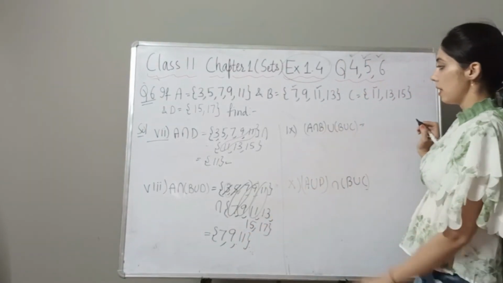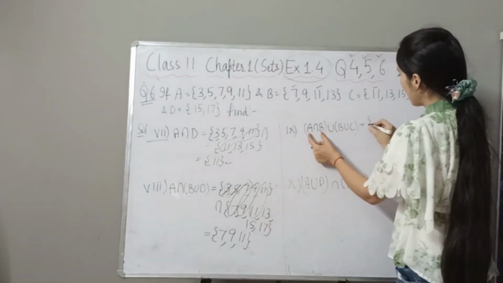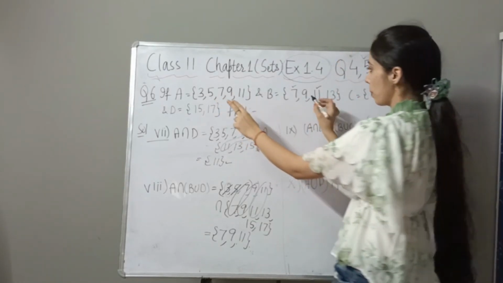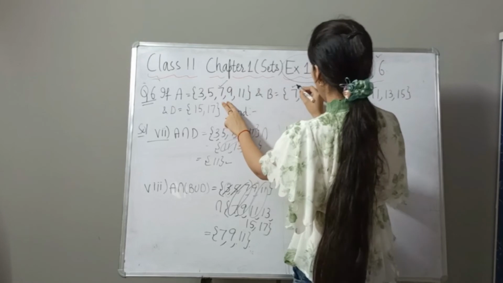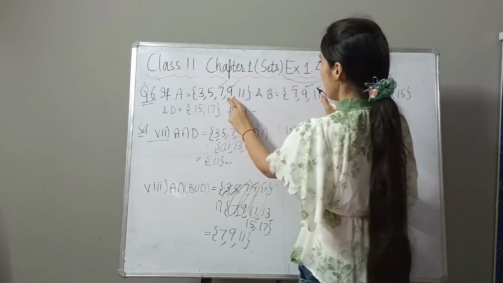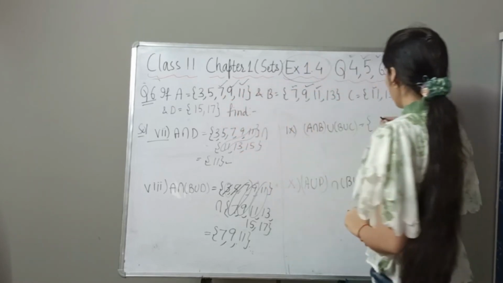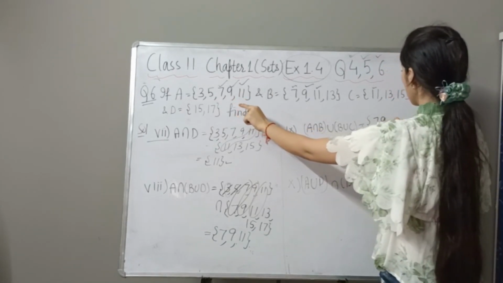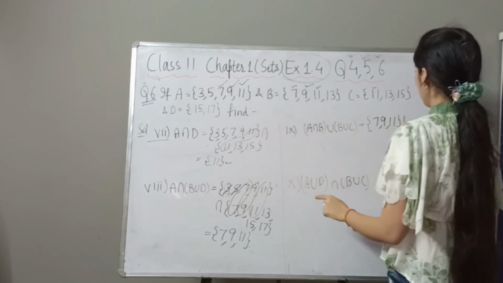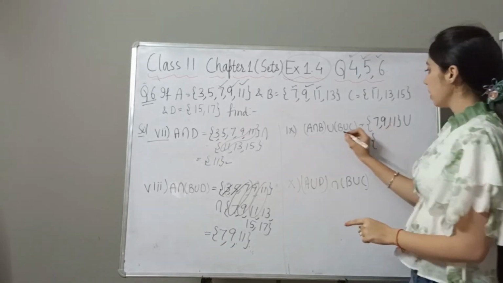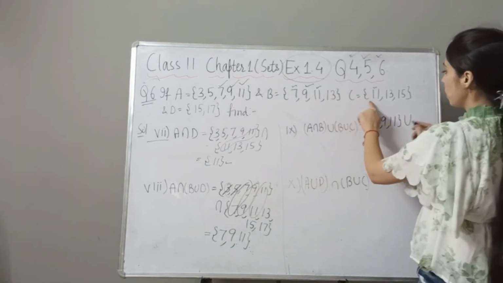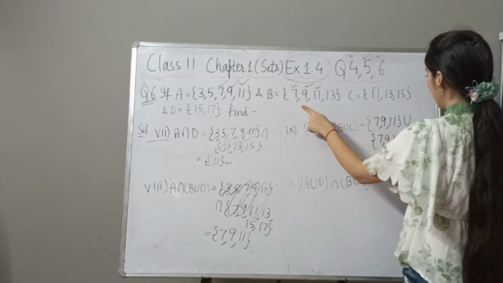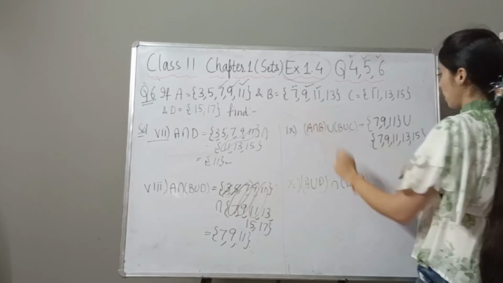What about this? First of all, what is A intersection B? Which elements are common in A and B? Which are 7, 9 and 11. Okay. In A intersection B, we have 3 elements common, which are 7, 9, 11. We have to find the union with B union C. In B union C, we have 7, 9, 11, 13 and 15.